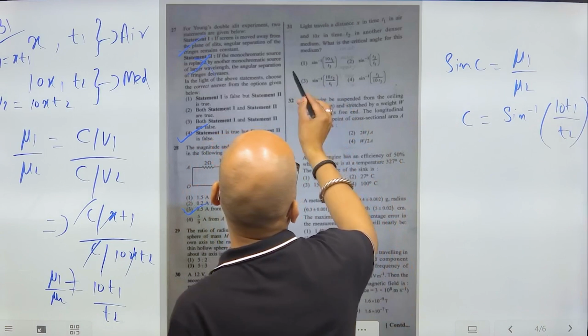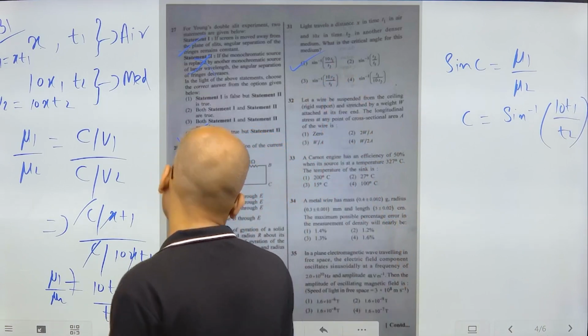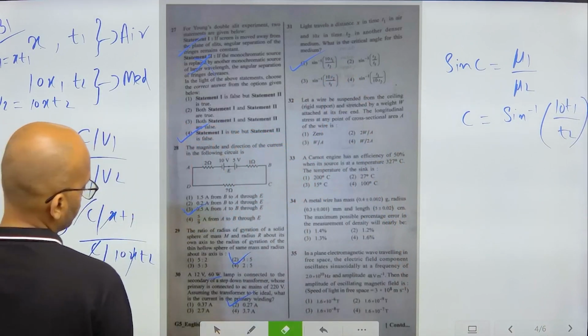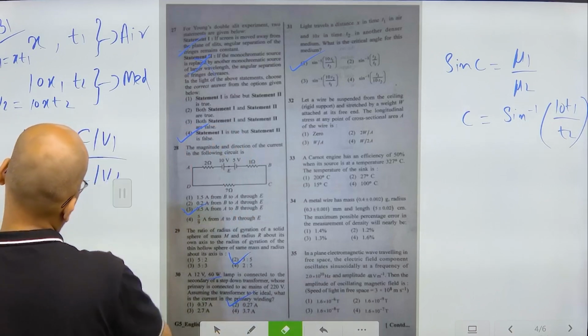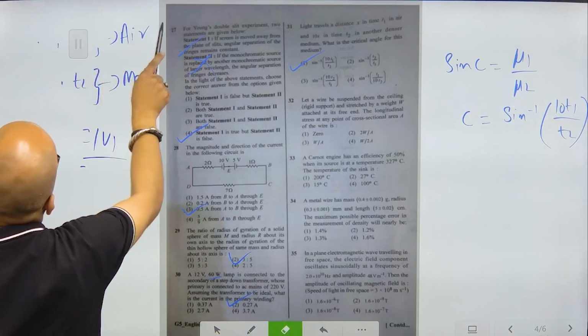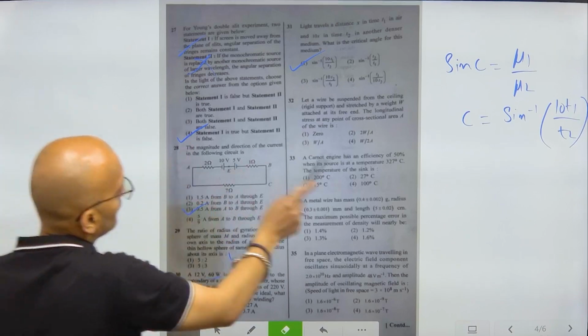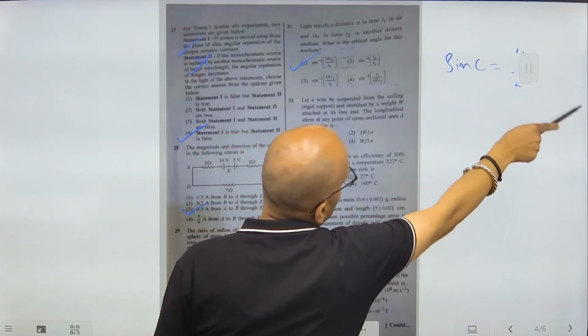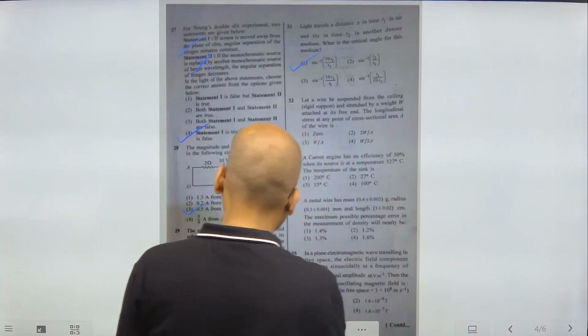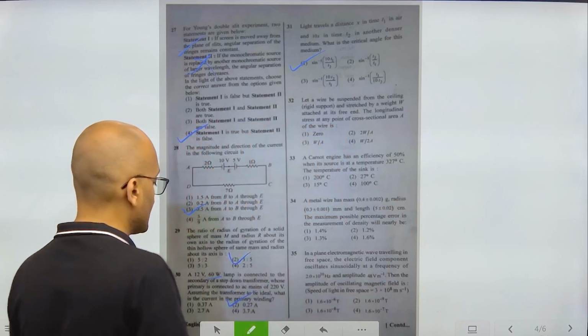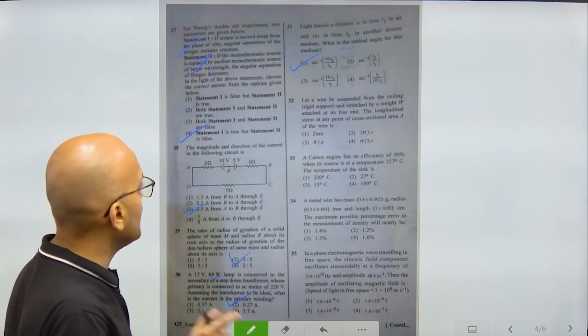So this is option 1. Things couldn't have been more easy. Things that have been taught in class are directly asked, not even the depth.